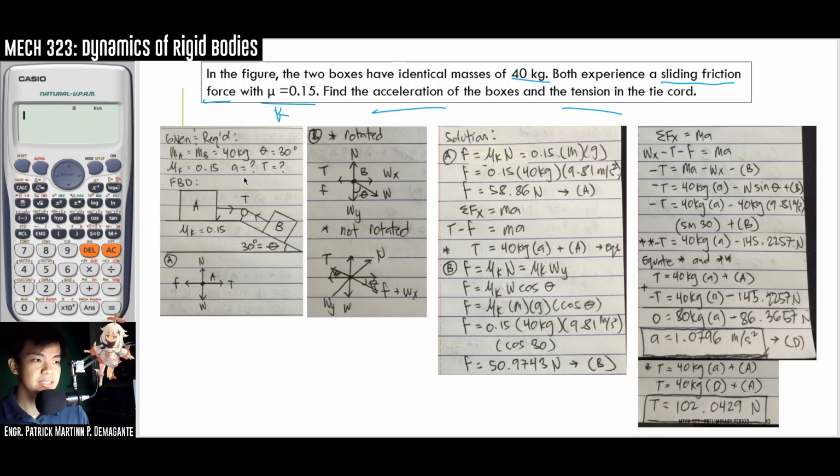Acceleration and yung ating tension. So, yung acceleration para sa box A and box B. Pero based dito sa ating figure, same lang sila ng connection. Therefore, same lang din yung may experience silang acceleration. Then, yung tension, iisa lang din. So, equal lang din sila.